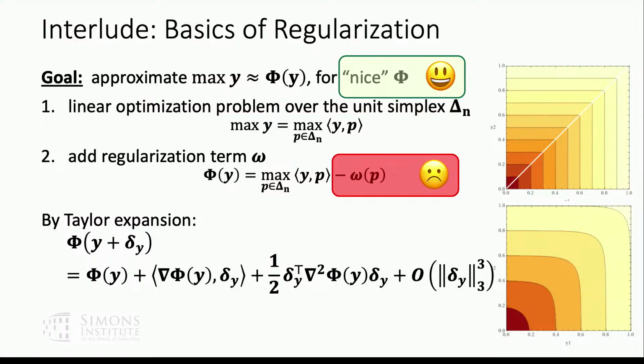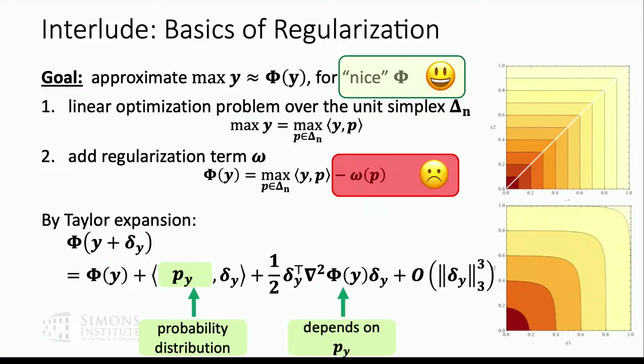Basically, if I move from y to y plus some delta, I can measure how much my new regularized maximum will be compared to the old one by just looking at the first order term, which is going to be the inner product between delta and the gradient of this phi, which actually happens to be exactly the probability distribution that achieves the argmax over here.